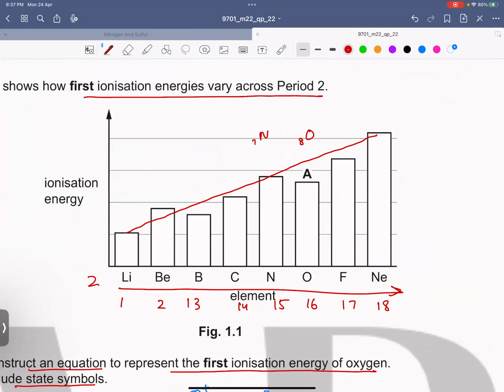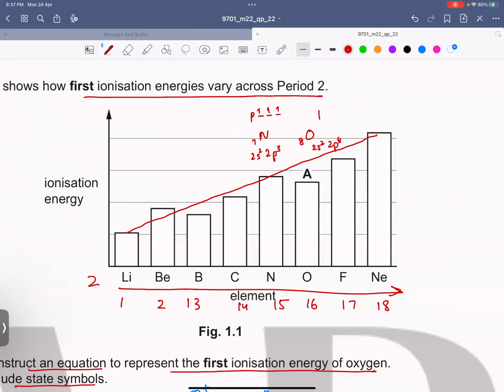If you further recall, the valence shell electronic configuration of nitrogen is 2s2 and 2p3, and here it is 2s2 and 2p4. So in the p orbitals of nitrogen, all electrons are singly filled in each orbital.